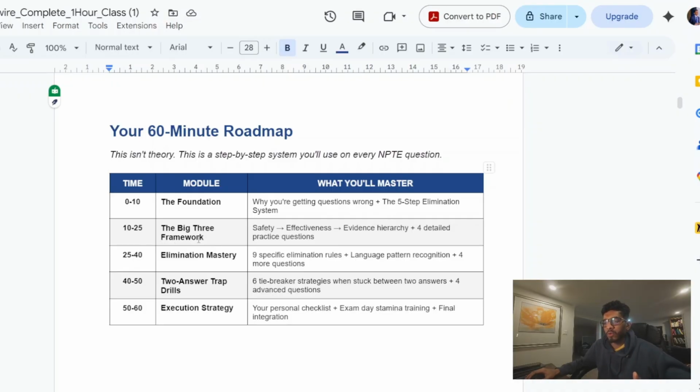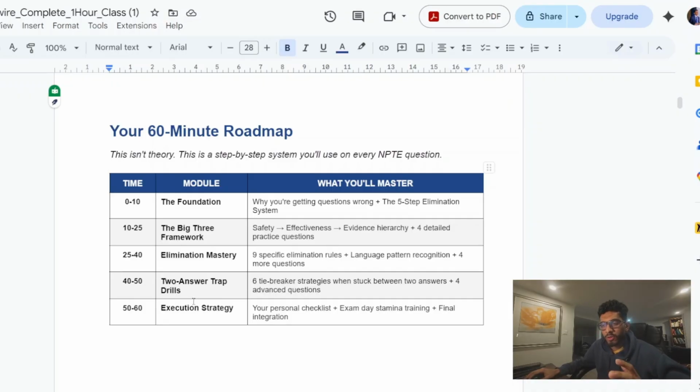Then the big three framework: the safety, the effectiveness, the evidence hierarchy, and 4 detailed practice questions. From 25 to 40 minutes we're looking into elimination mastery, thinking how we can eliminate these wrong answers so we end up with the right answer.